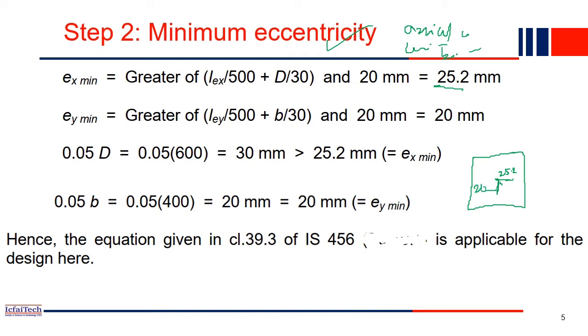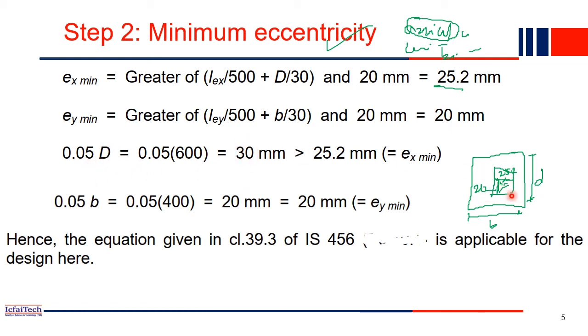Now we have to find out whether this is within 5% of the total area or not. If it is between 5% of B and 5% of D, in this box area, then we will consider it an axially loaded column, right? So that we are computing now. e_x we already computed, which is 25.2, and e_y is 20. Now 5% of D is how much? That comes out to be 30.